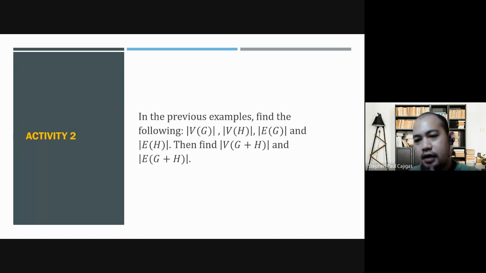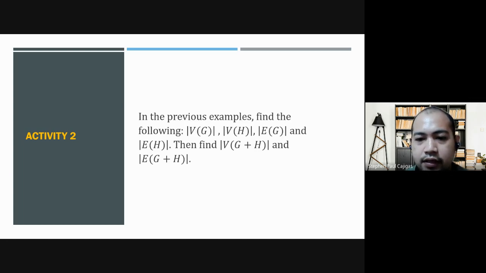Later on, in higher kinds of research, we won't have drawings of the graphs anymore. We will only have data, like the number of vertices and edges, so without actually seeing the drawing, we can already calculate the vertices and edges of the join.